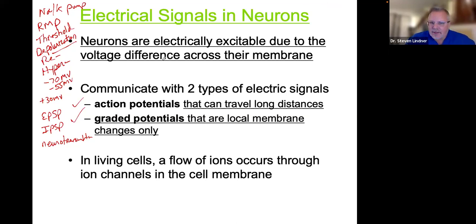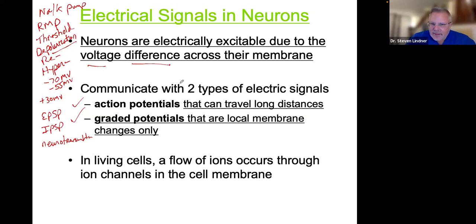The neuron is the only one that is electrically excitable, due to a voltage difference across its membrane. We'll see if we can understand what we mean by a voltage difference across the membrane.